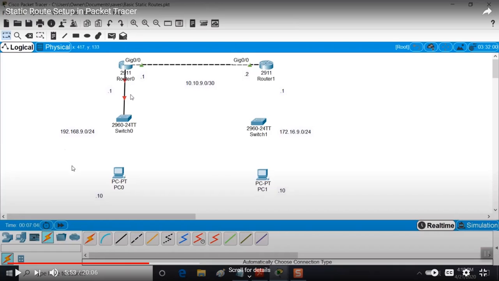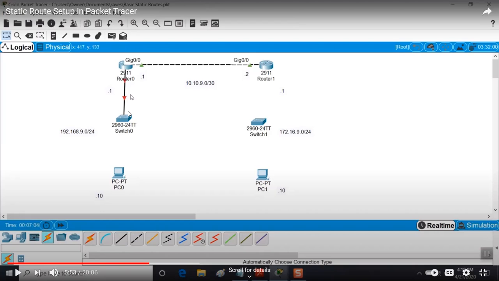Basically what happens is that only connected devices and systems in the one network can see other devices and systems in that network. So the .9 systems and devices cannot see the systems and devices over here. They can't, unless there's a route in between the two networks.